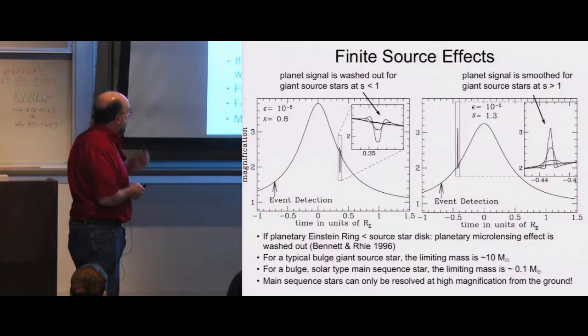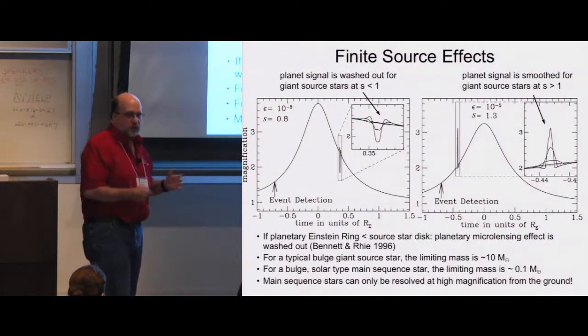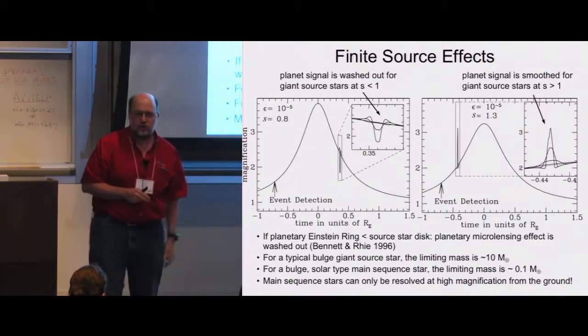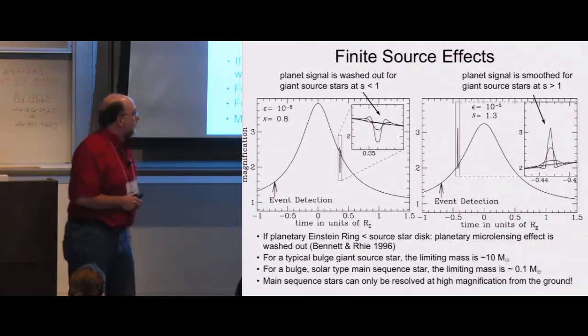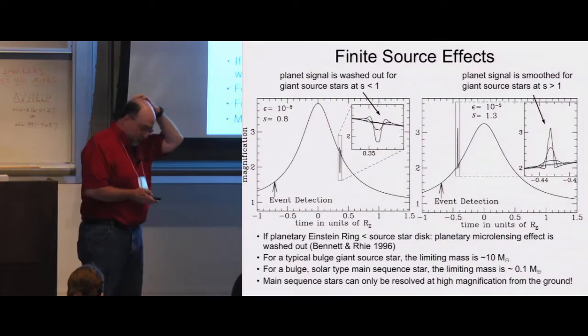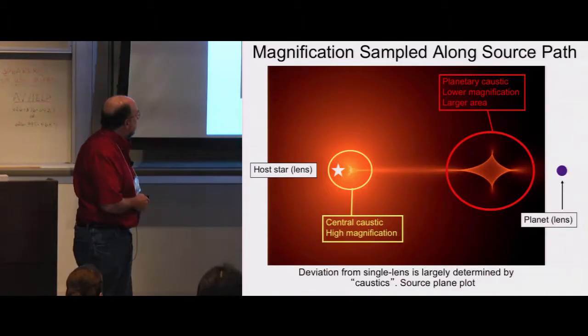And so it's potentially possible to measure deviations in this situation. The only problem is that the giant source stars also tend to be a little bit more variable, and so if your deviation is getting down below 1%, you have to worry about stellar variability interfering with your measurement of it.